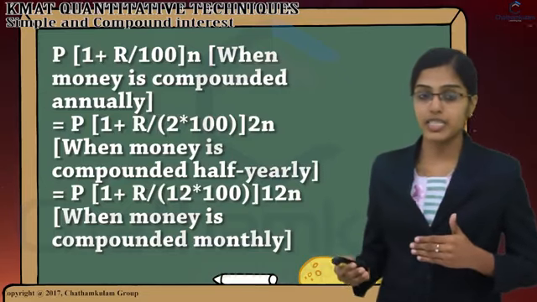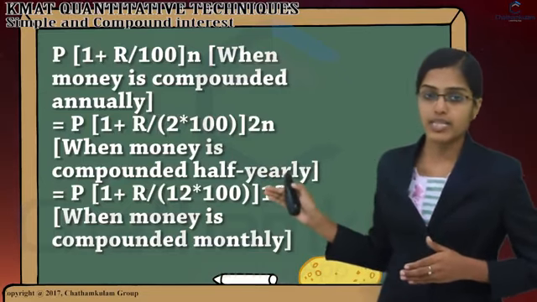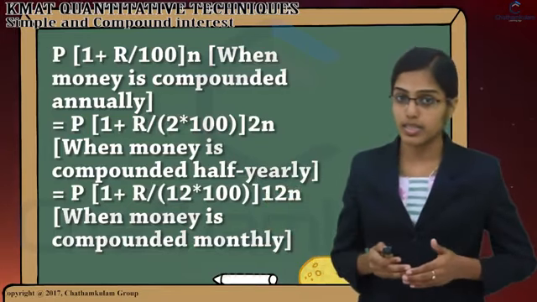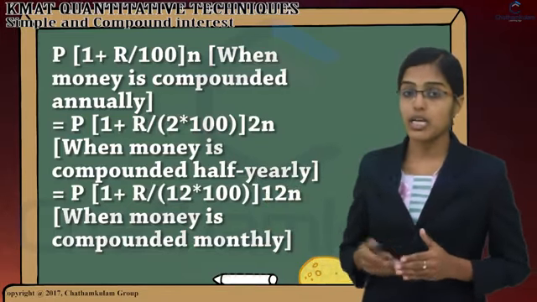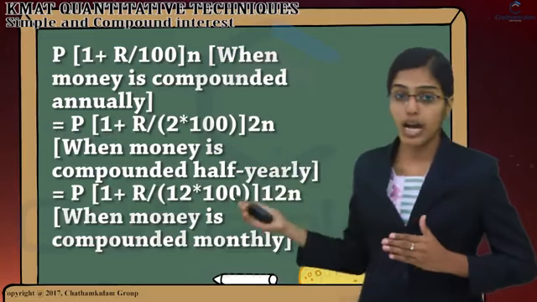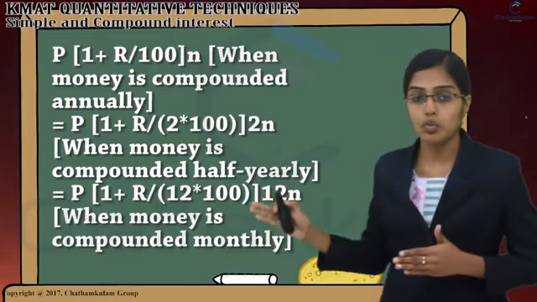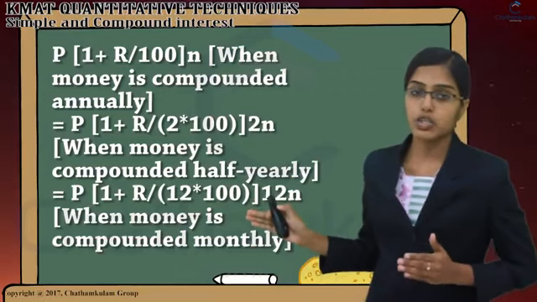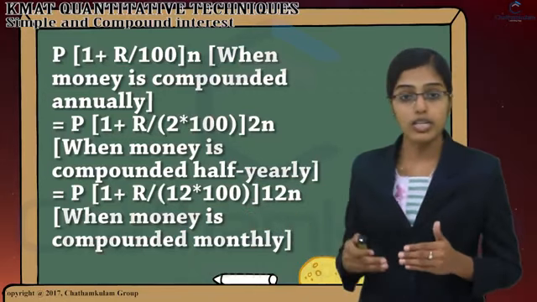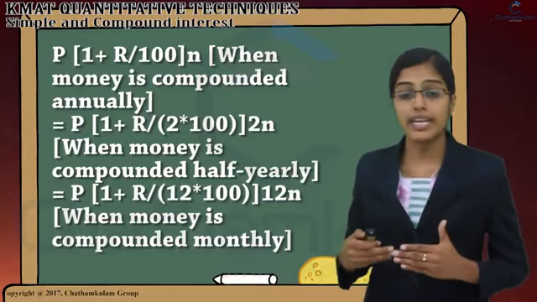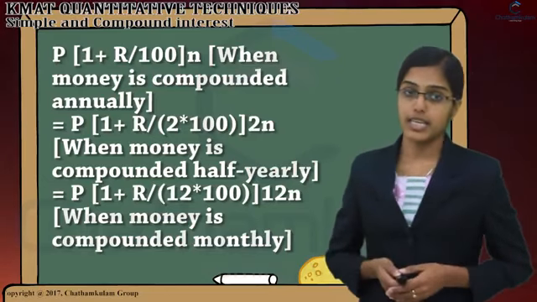Our next equation is P into 1 plus R divided by 2 into 100 whole raised to 2n. This equation is used when money is compounded half yearly. Our next equation is P into 1 plus R divided by 12 into 100 whole raised to 12n. This equation is used when money is compounded monthly.